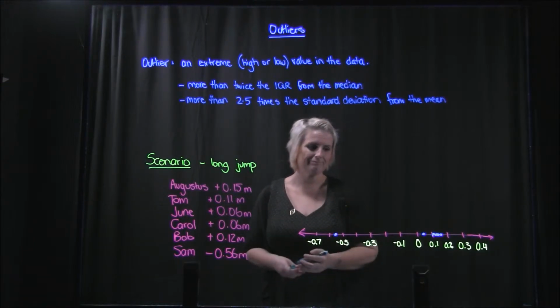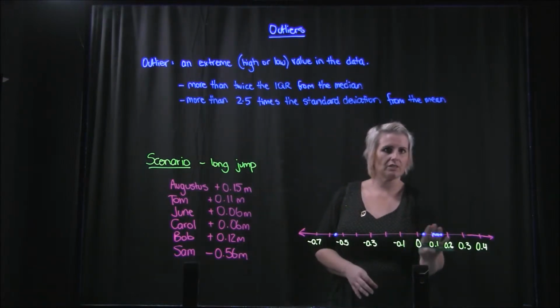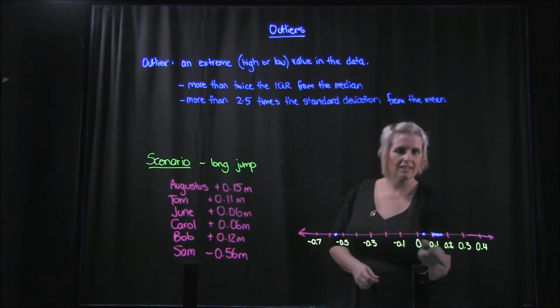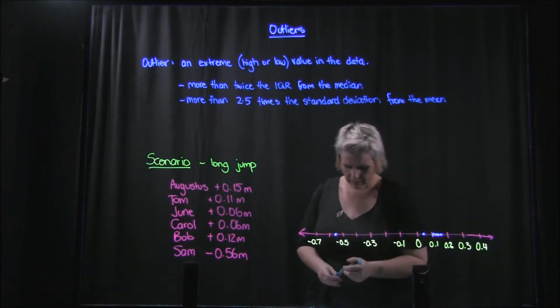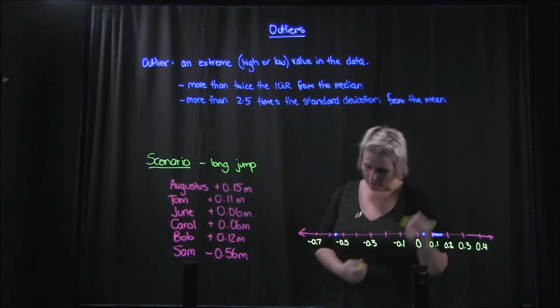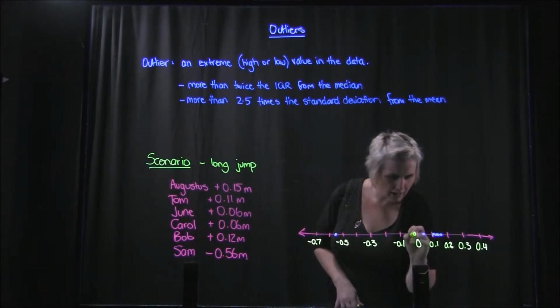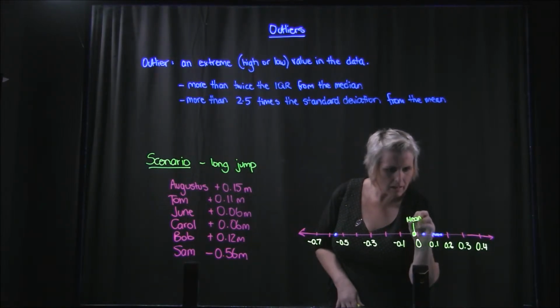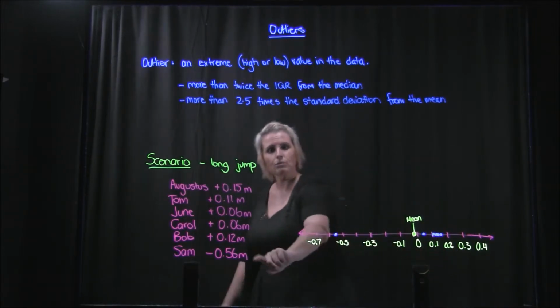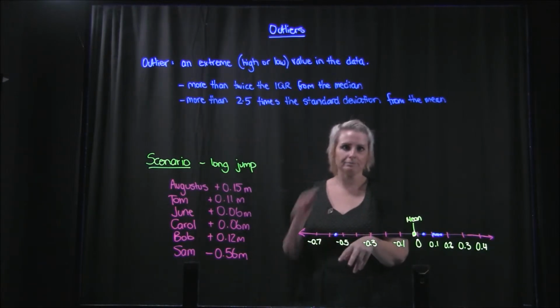Most of the data is up here, and Sam sits all the way down here. What happens is when we calculate the mean, it will actually sit just here. That's an issue because this is where the bulk of the data set is. But because of Sam's result, it drags it down.